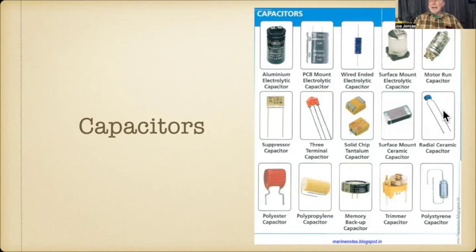Tiny, tiny thing. Ceramic capacitor, polyester, polypropylene, polystyrene. These are all insulators that are used. They all have specific characteristics. I couldn't even explain most of them to you, but they're useful in different applications.